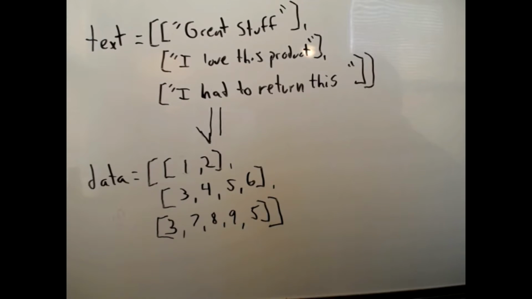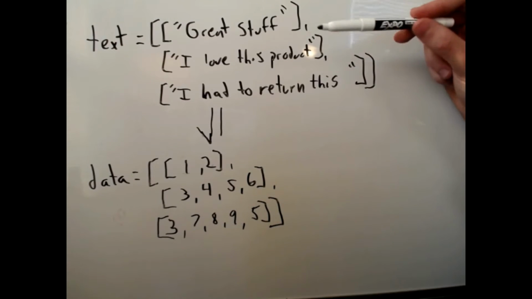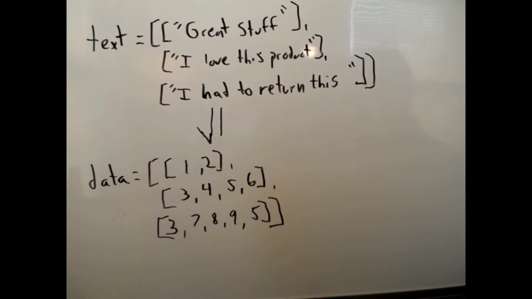Okay, so now that we've got our text into different sentences, it's going to look something like this one up here, where we've got a list of sentences. Could be great stuff. I love this product. Blah blah blah. So we have a lot more than that, but just for the sake of example, that's what it looks like. And we want to be able to turn that into indices. So these numbers are going to relate to the unique words in each sentence.